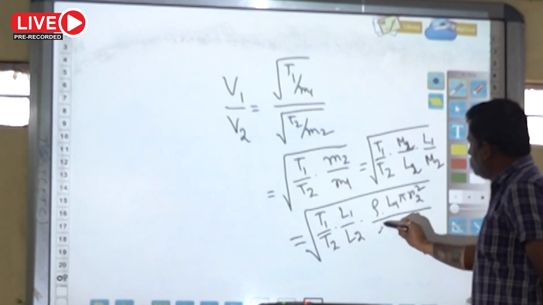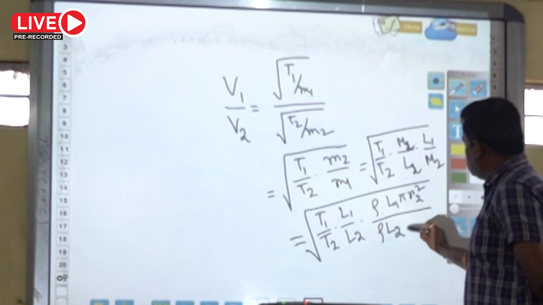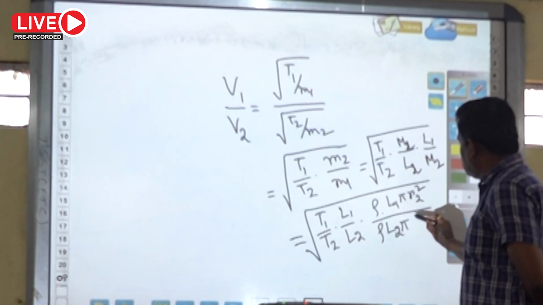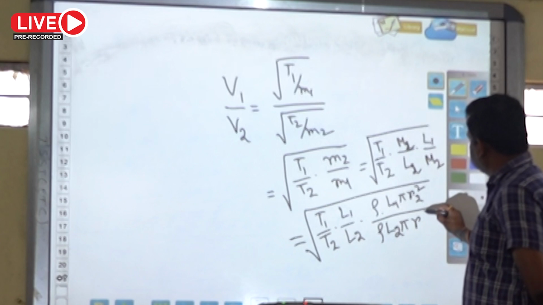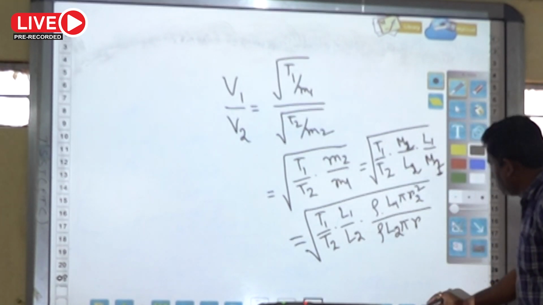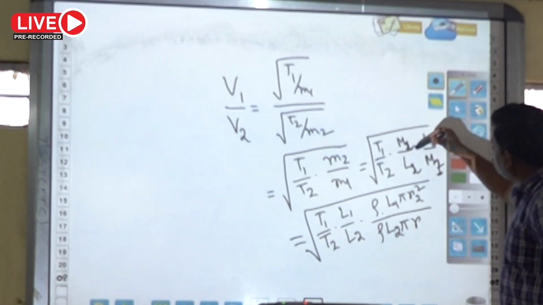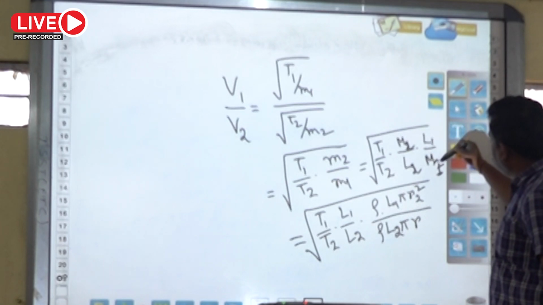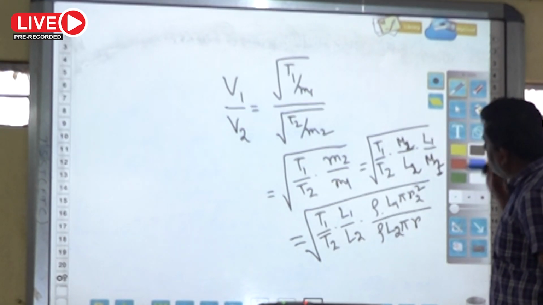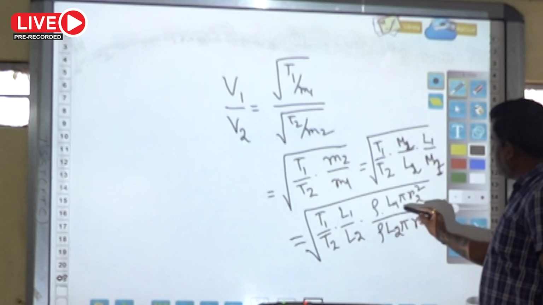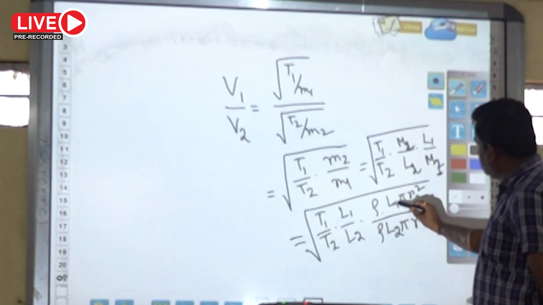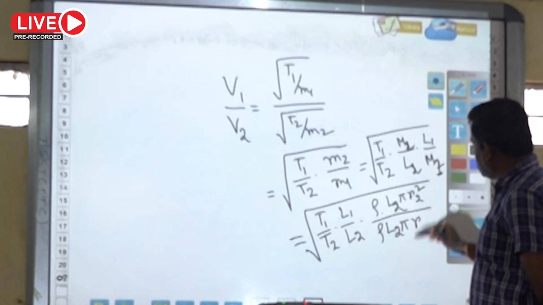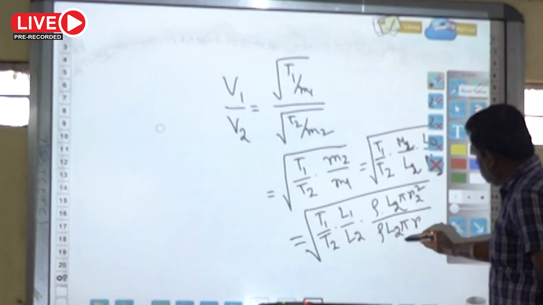For the second one, M2 is rho into L2 into pi r2 square.